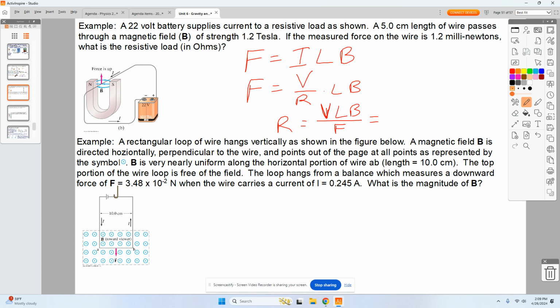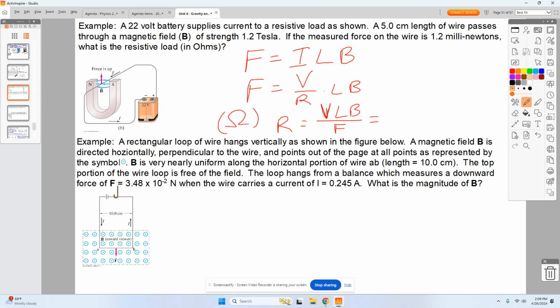Now, I've got to talk a little bit about units. All the things on the right need to be in the SI base unit for that quantity, so that the things on the left will be in the SI base unit for that quantity. What is the base unit for resistance? What do we use? The ohm. I want R to be in ohms.